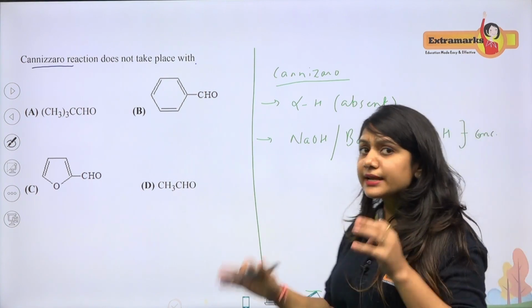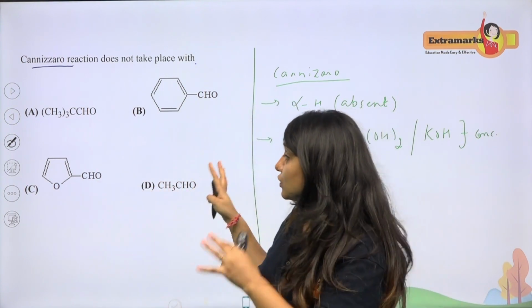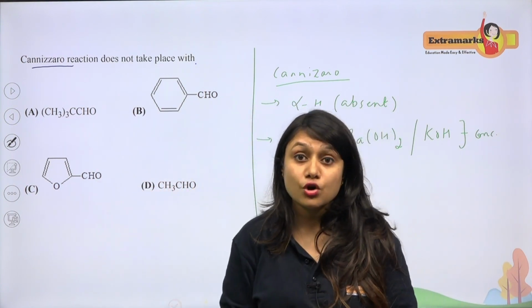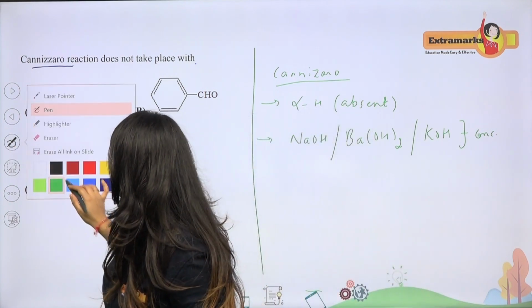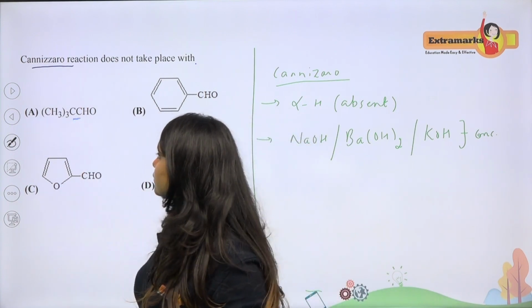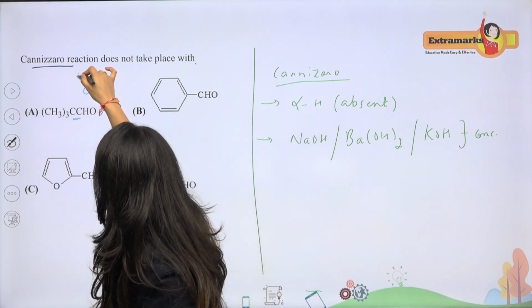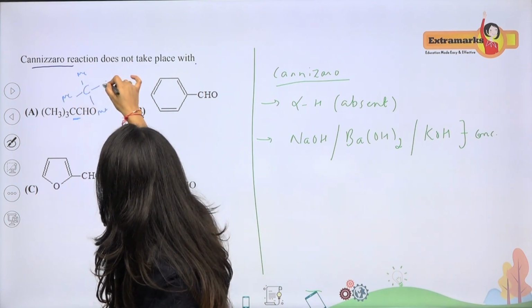Fine? Now, can you tell me which compound out of all these four options does not have the alpha hydrogen? Yes, this does not have alpha hydrogen, because when you draw the structure, there are 3 methyl groups, and there is one CHO.